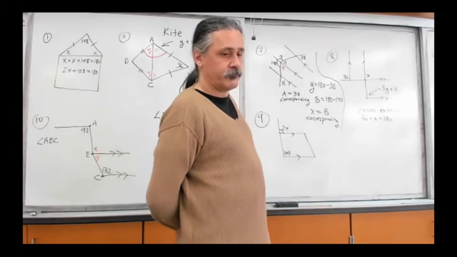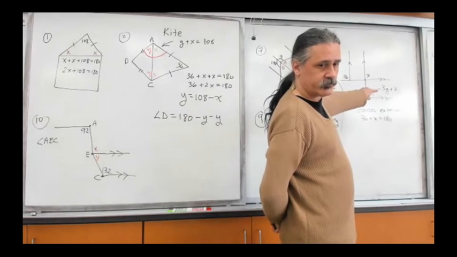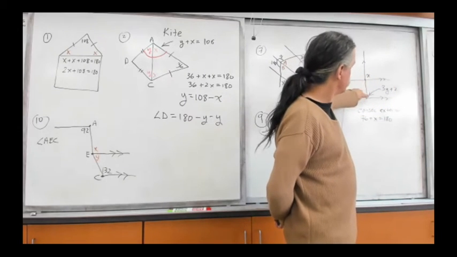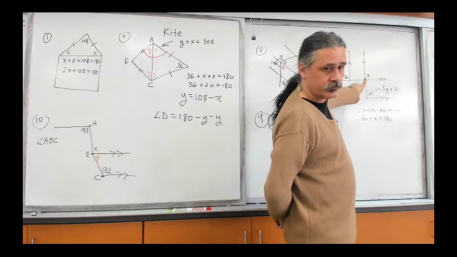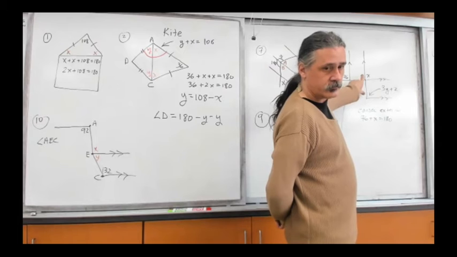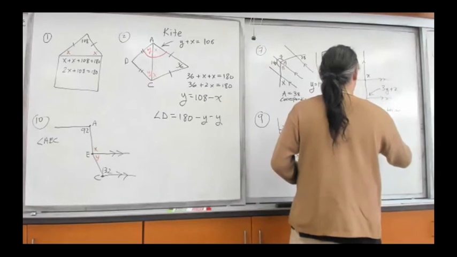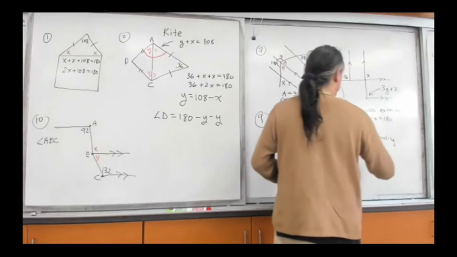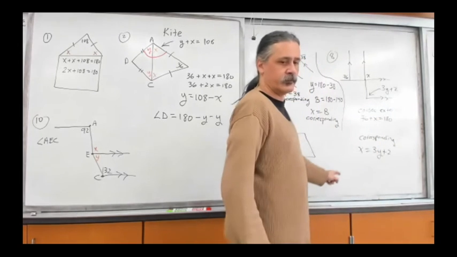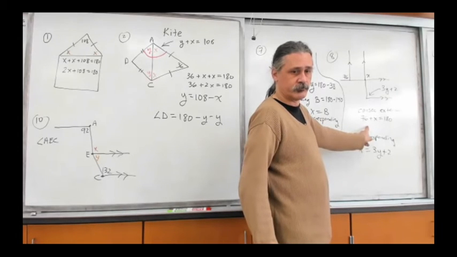Now we're going to have to figure out how to get Y. To get the Y, we're going to have to use the expression that they gave us, and we're going to have to use the other two parallel lines. Notice the X and the 3y plus 2, those are corresponding. They're both above a parallel line and to the right of a transversal. Since the lines are parallel, those are congruent. So we can solve this equation. You know what X is because that's from the previous part of the problem.